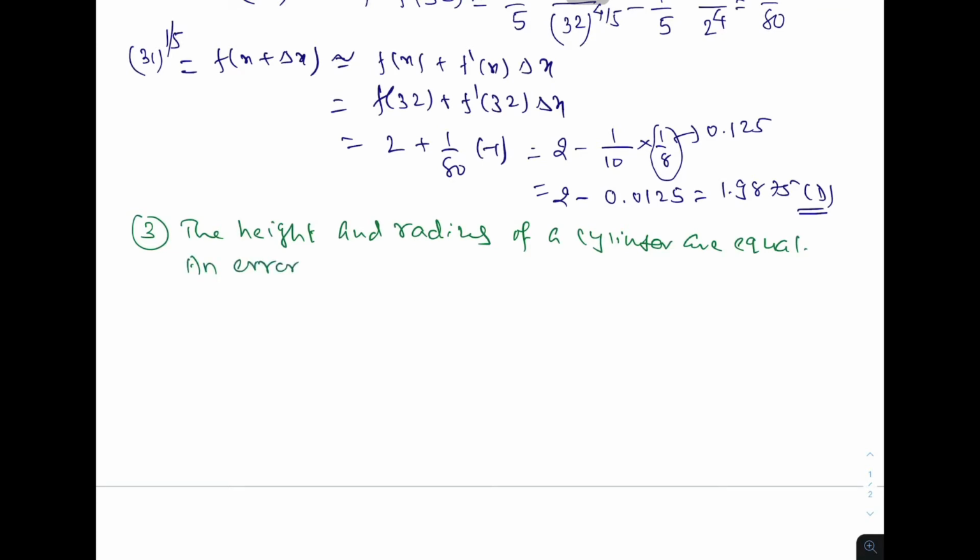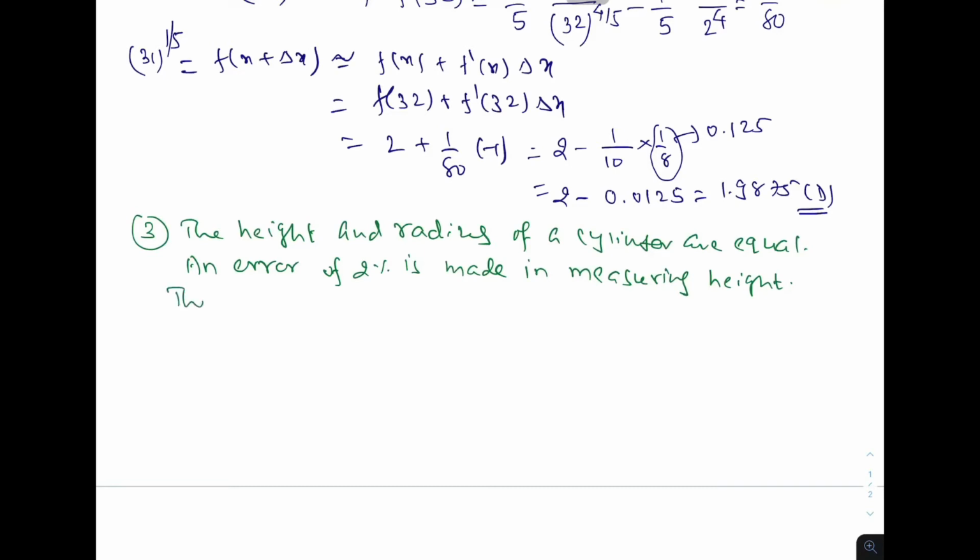An error of 2% is made in measuring height.